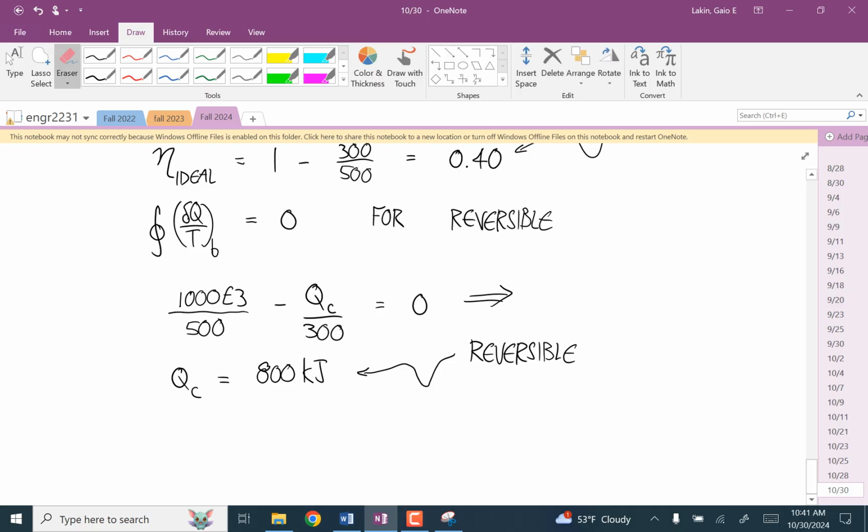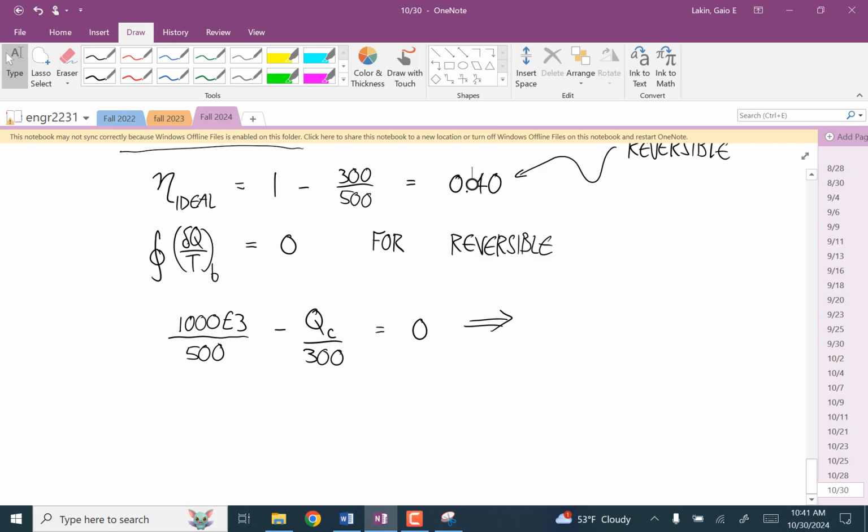Okay, so no, this is not, yeah, right. What is it? 600? Yep, 2 minus... You're right. So 600 times 10 to the third joules. This would be for a reversible. That's not relevant to what it's asking, turns out.